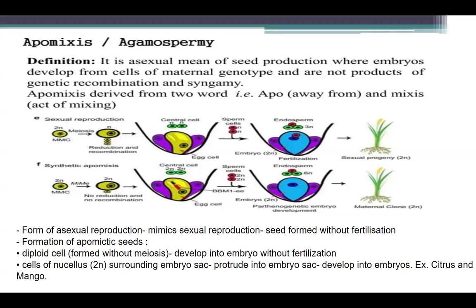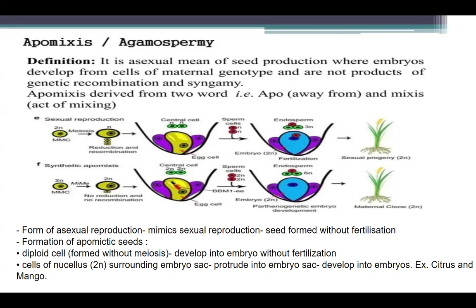The next part, we have another two ways of development: apomixis and polyembryony. Apomixis is nothing but an asexual means of seed production where the embryo develops from cells of maternal genotype, from the mother cells. They are not a product of any genetic recombination or syngamy.